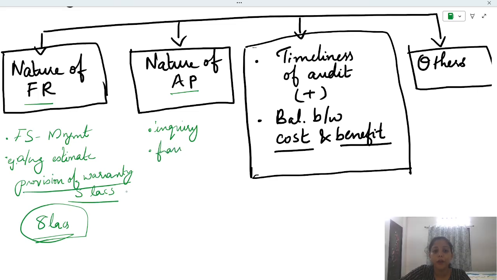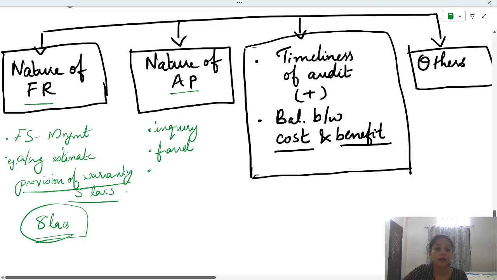Now regarding fraud, there may be many fraudulent transactions in the company. We may be able to detect many transactions which are material to the FS. Some which are immaterial may not be traced from our perspective. And also, you have to remember this: if fraud is done by senior management, it is not going to be easily detectable.